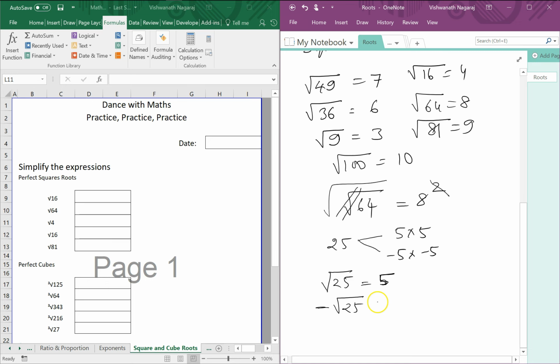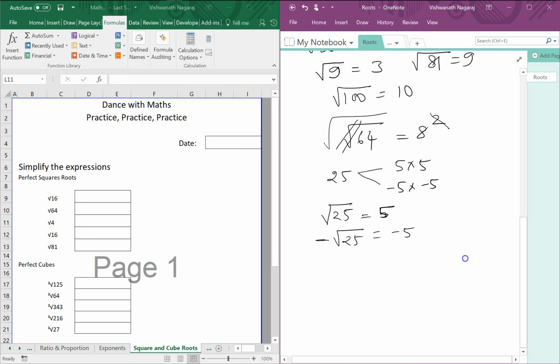Yes, minus square root of 25 is what? Minus 5. But when we write x square is equal to 25, what is the value of x? Try to understand this. If the question is like that, then you have to write that it is plus 5 or minus 5.